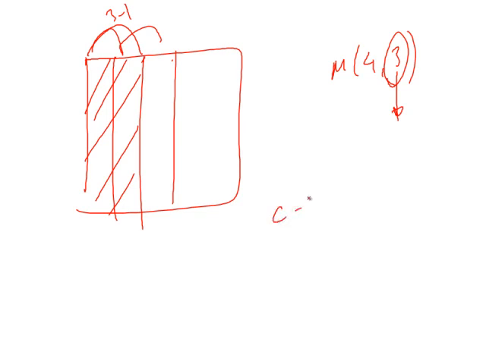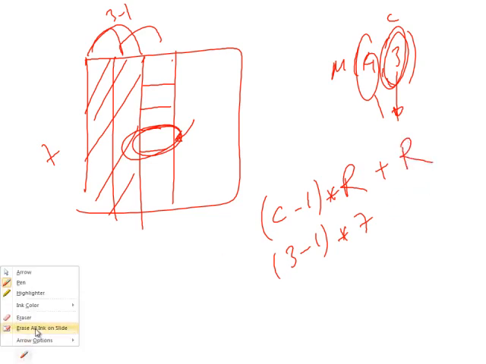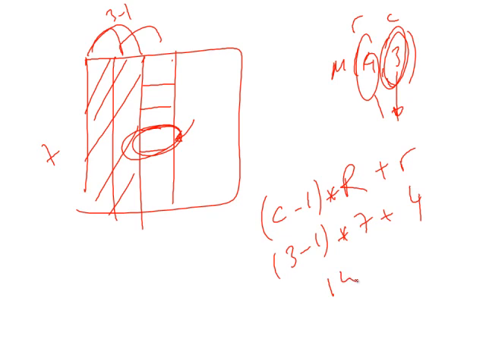So you would multiply the number of columns minus 1 times the number of rows you have, in this case 7. So I'll get (3 minus 1) times 7, and then plus whatever the row number is, because at the last column I have to move down to that row. This is the element I need. Sorry, this needs to be a small r. Plus 4. And I get 14 plus 4, which is 18. Okay?